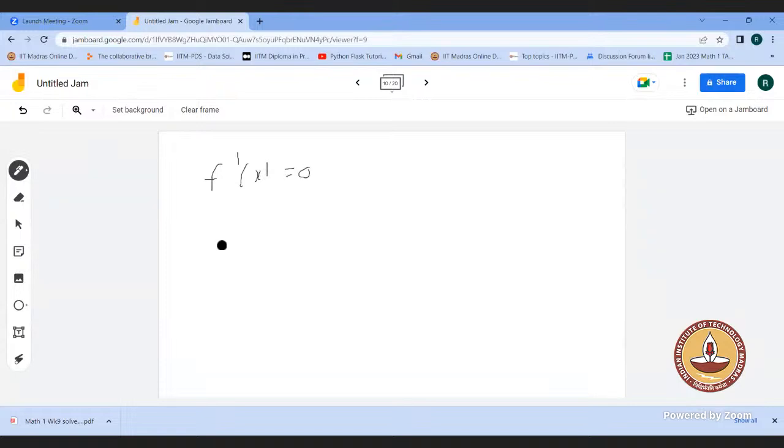Yeah, that's right. After we do that, we'll get some x values, say x is equal to x1, x2, x3, and x4. And now we have to differentiate the function again, so we'll get f double dash of x, and it will be a function, right?